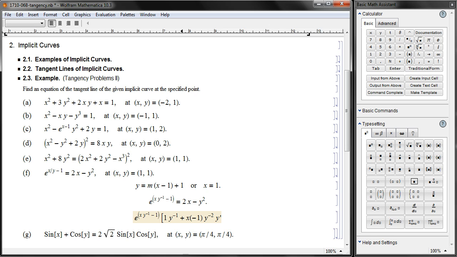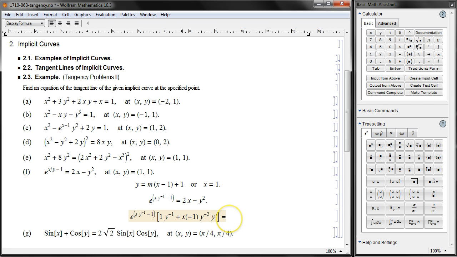And then don't forget y prime. The derivative of minus 1 is 0, so I don't really need it. Or if you prefer, you can write plus 0 here. Now let's go over to the next. Derivative of 2x is 2. Derivative of y squared is 2y, and then y prime. Let's align this equality.